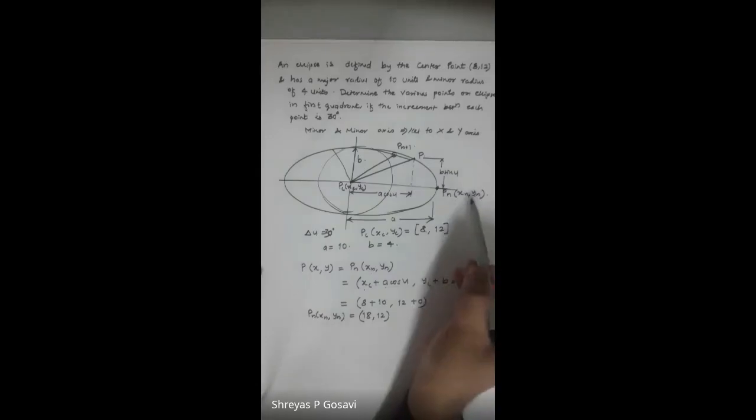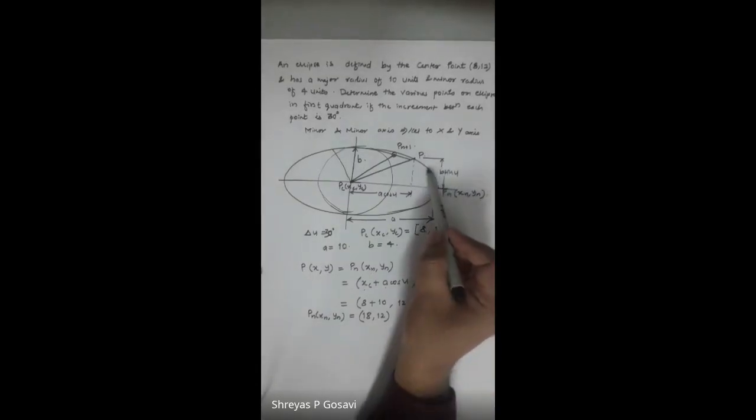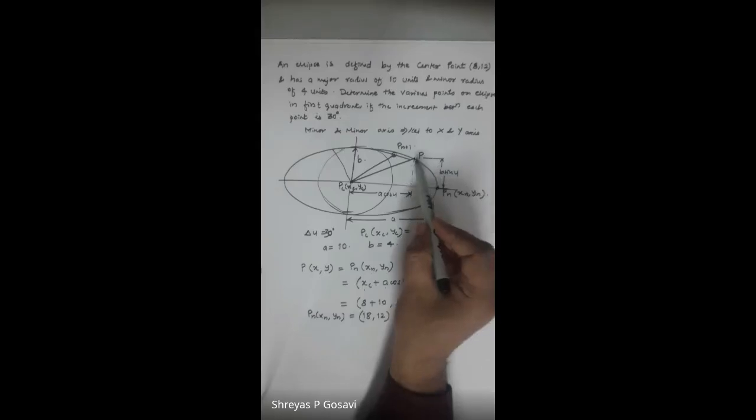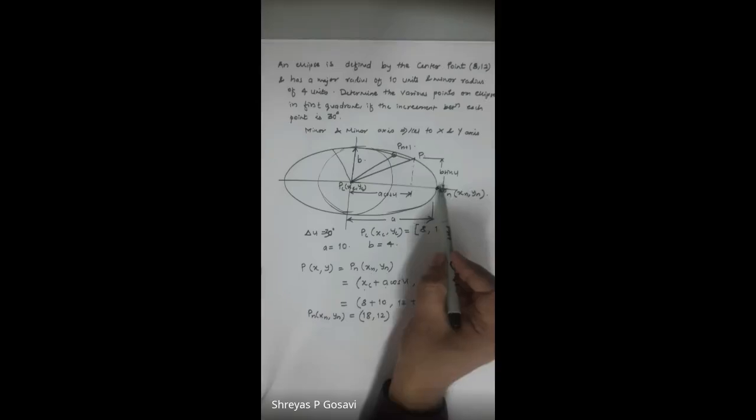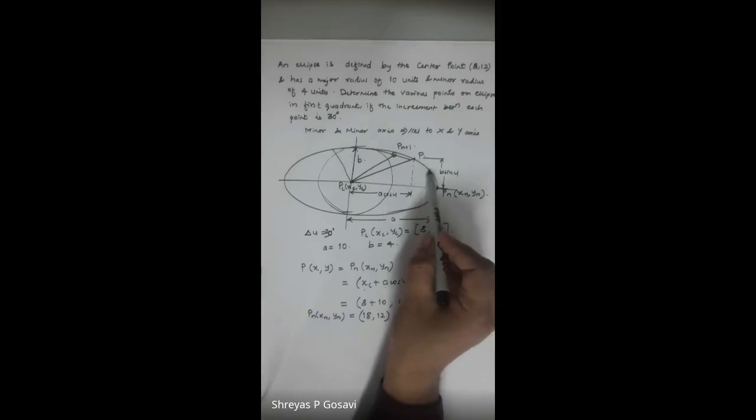Now for each increment by 30 degrees, we have to find out or trace the coordinates of point P on the curve which lies in the first quadrant. That is for u equal to 30, u equal to 60, and u equal to 90.